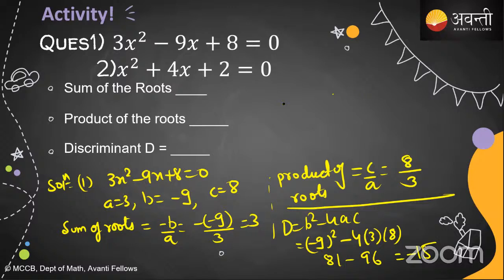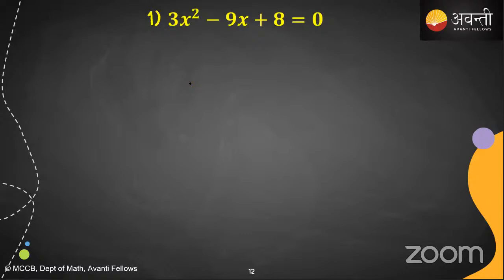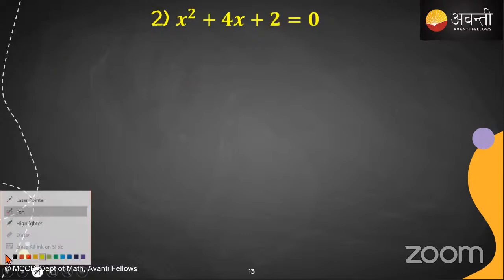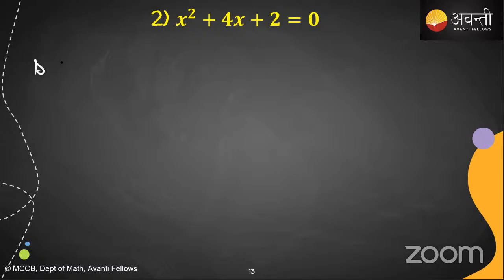So similarly, the second expression is x square plus 4x plus 2. So what is the sum of roots? Again, what is a? The coefficient of x square, which is 1. What is b? The coefficient of x, which is 4. What is c? The constant term, which is 2.